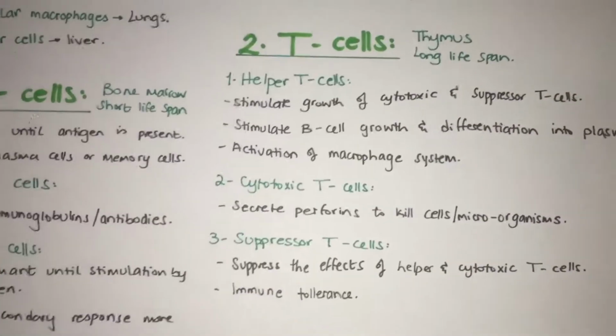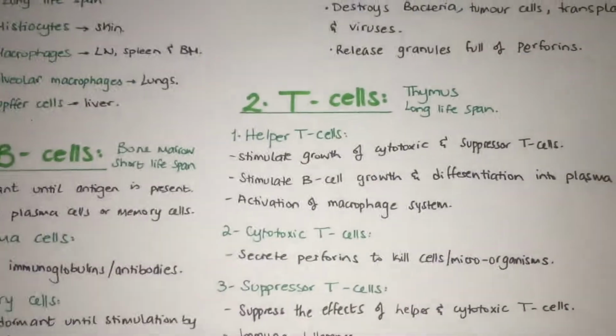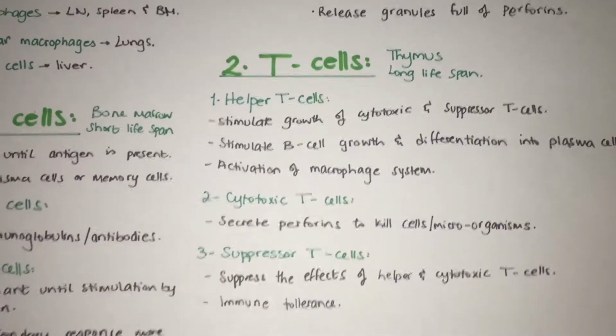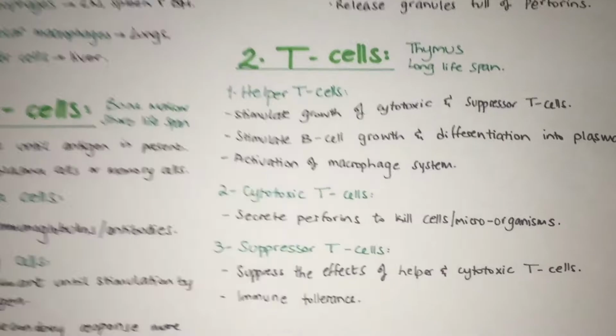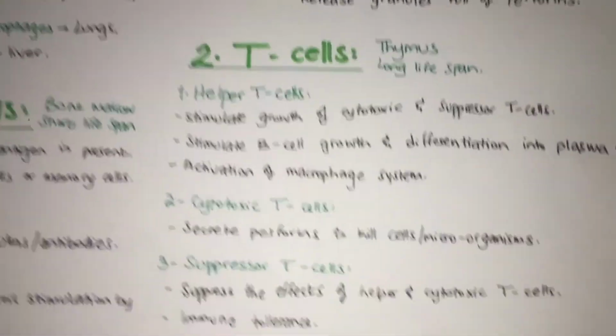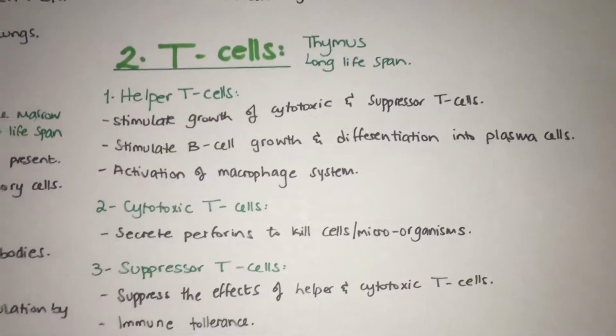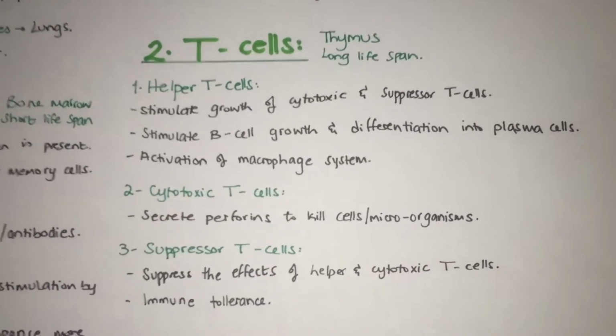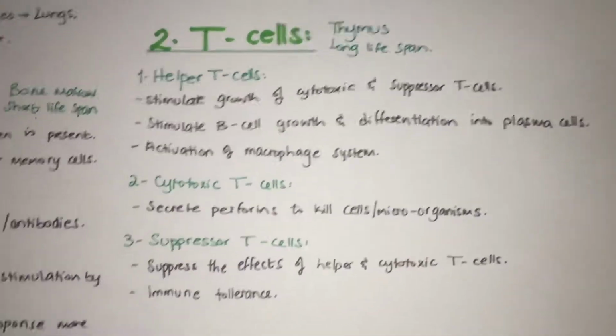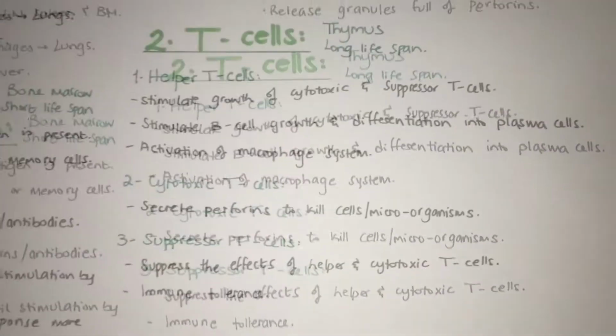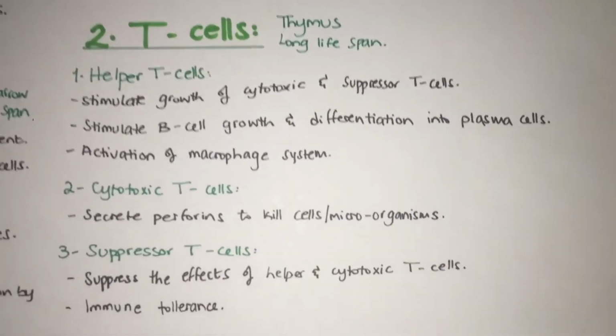They are both synthesized in the bone marrow or the spleen, lymph nodes, and the thymus. But where it matures is what determines whether it's a T cell or a B cell. Now let's focus on T cells. T cells have a really long lifespan. It can reach up to 300 days.